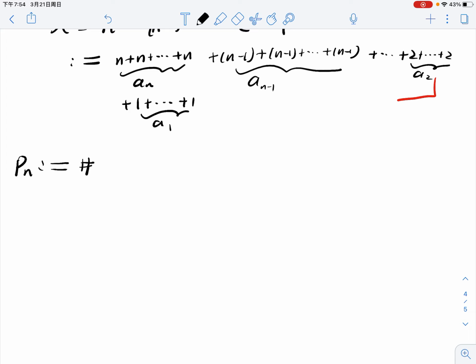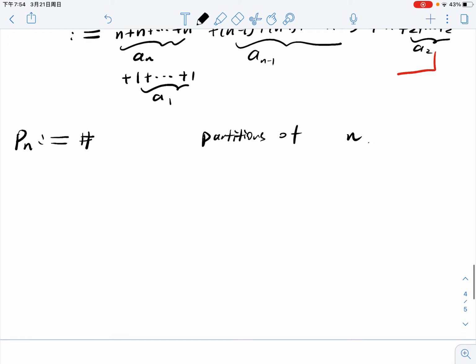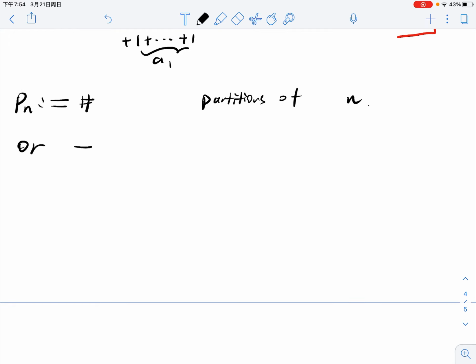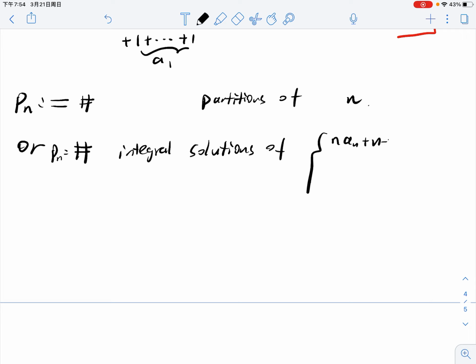Let's define P_n to be the number of partitions of n, or you can formulate it as: P_n is the number of integral solutions of n a_n plus (n minus 1) a_(n minus 1) plus all the way to 2 a_2 plus a_1 equals n, where each a_i is non-negative.